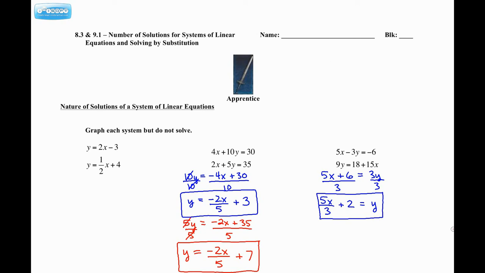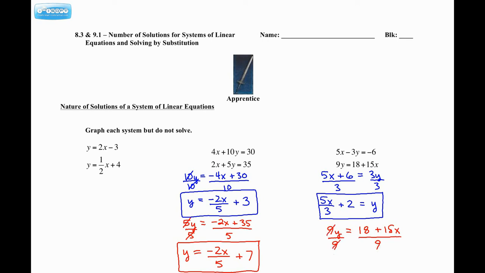Let's do the last one in red. This one's actually quite simple. The y term is already isolated. So to isolate y, I just need to divide everything by 9. You could do that in your head, but I will show it. It's a 15. So I'll divide by 9. Okay.